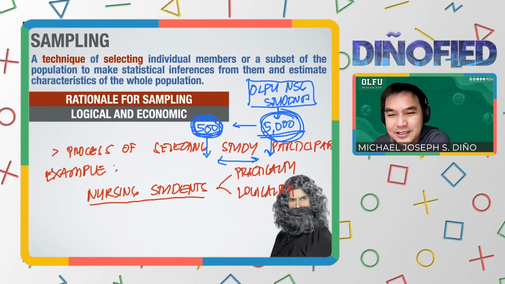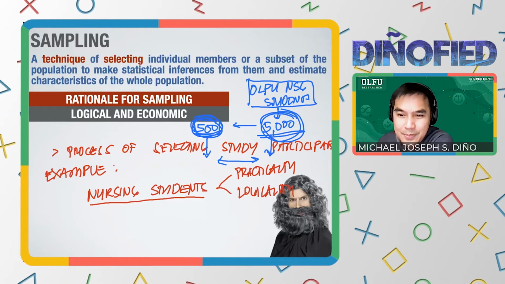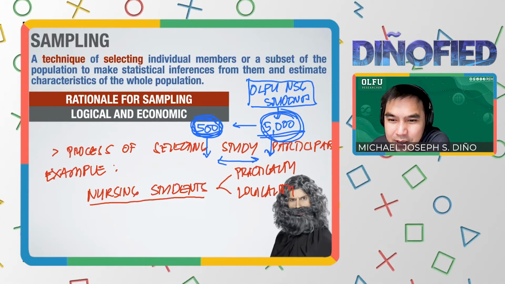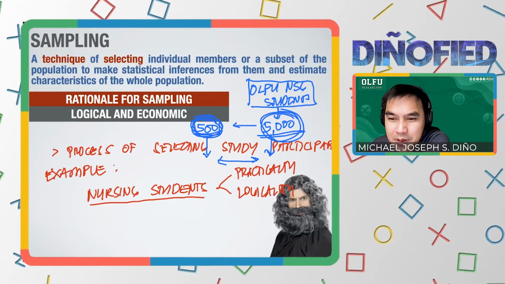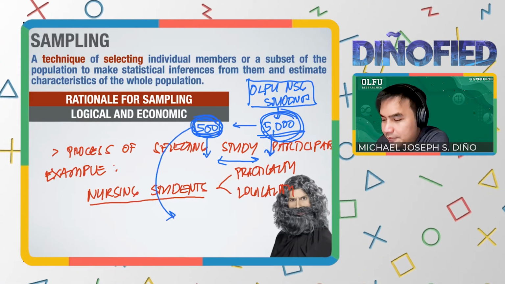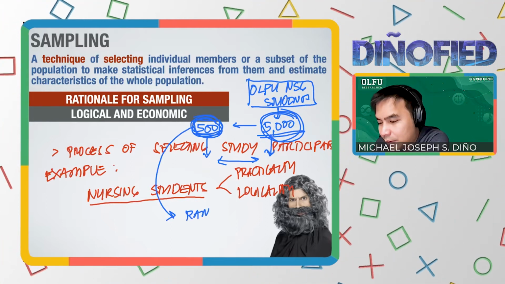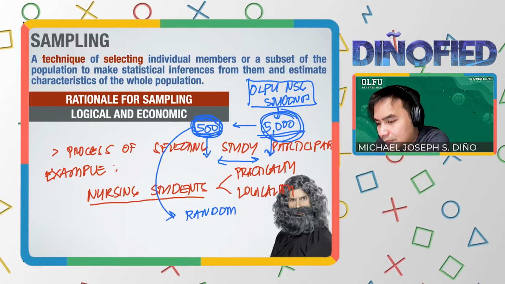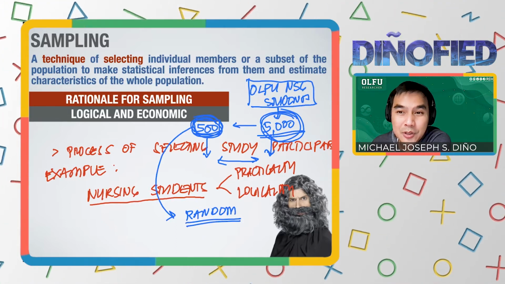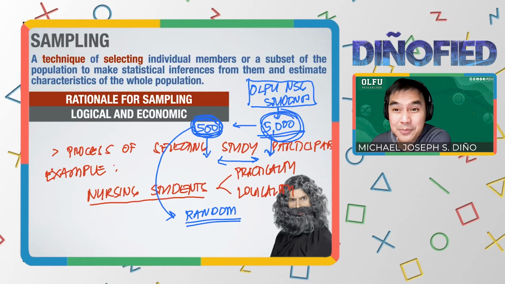Any wild guess? Okay, I have a direct answer here: yes, sir, the sample must represent the whole population. Yes, that is possible if our sampling technique is randomized. That is possible if we use what we call randomized sampling.